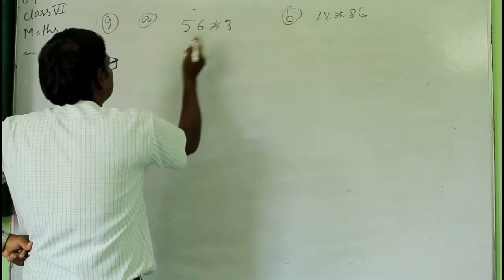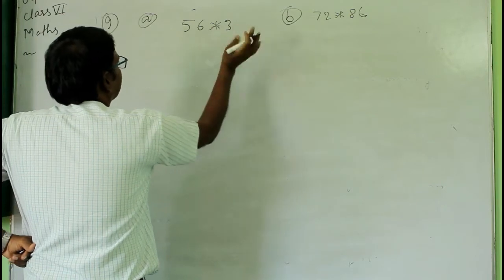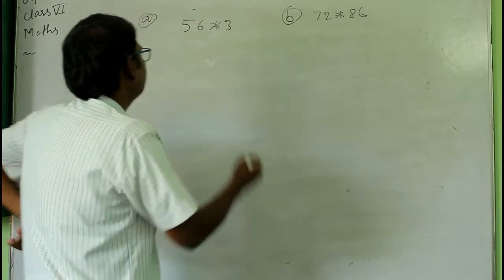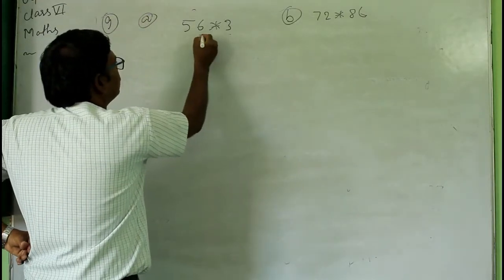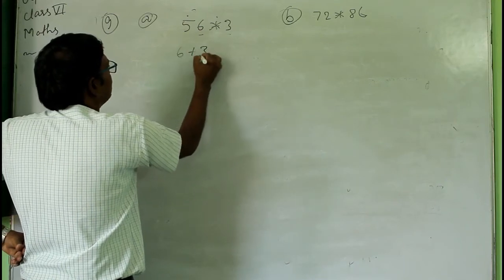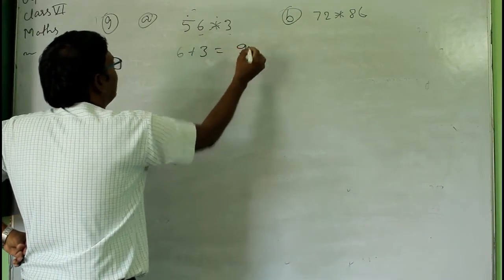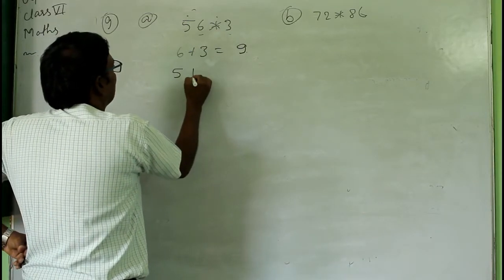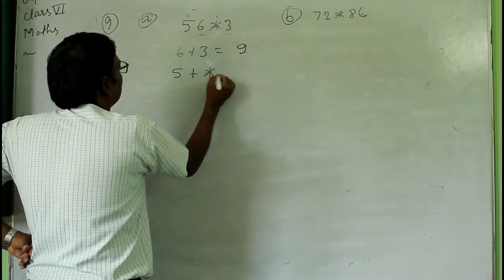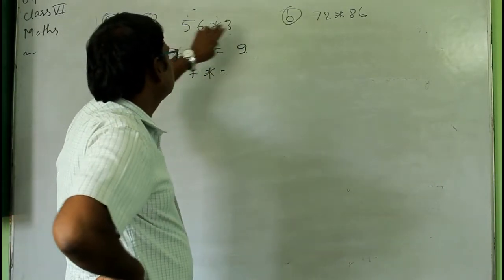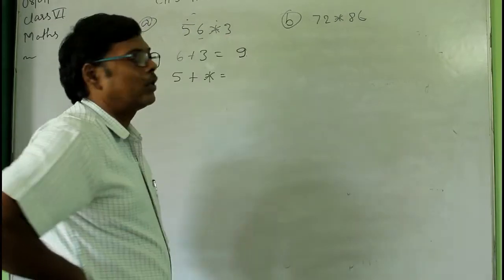Okay. So find out this first. This 5, 6, 3 here. I told you that you will find the alternate digits here. Alternate means this digit, then this digit, and then you have this and this. So here 6 plus 3 equal to 9, and then here 5 and star, 5 plus star, and we don't know it. You know that if this number is divisible by 11, then what should be the condition?